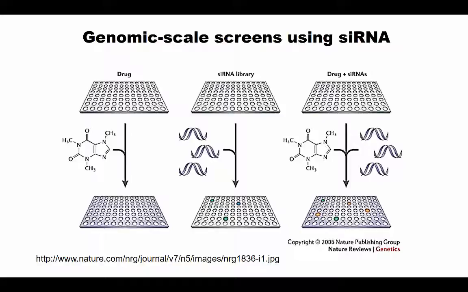Now this expands our toolbox amazingly, covering the whole genome at scale, and also whole natural product and combinatorial libraries together. We have really powerful tools for studying chemical genetics.